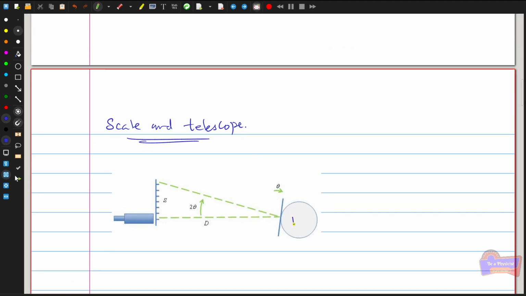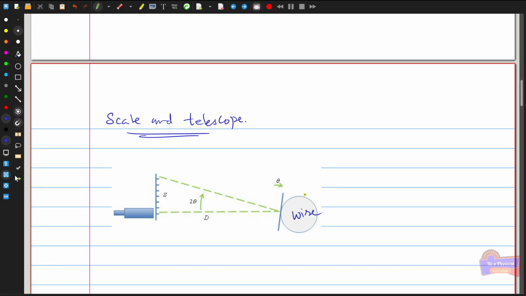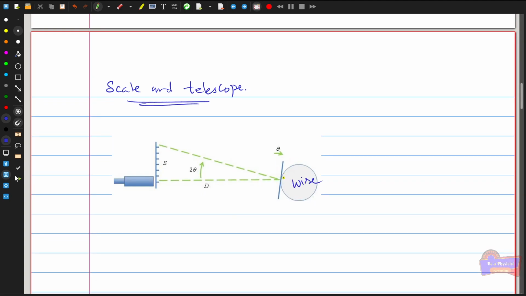Suppose this is the wire which we are going to take, and this is a mirror attached to the wire. If we add a weight in this direction, there is a twist in the wire, so the wire is twisted in this direction, and the mirror moves in this direction, for example.